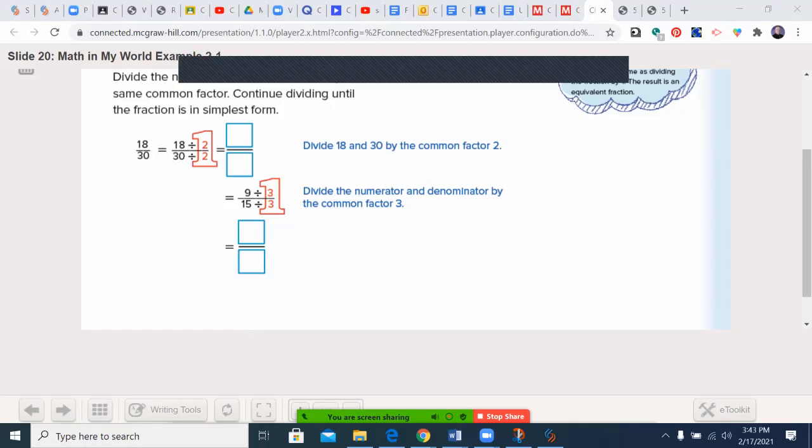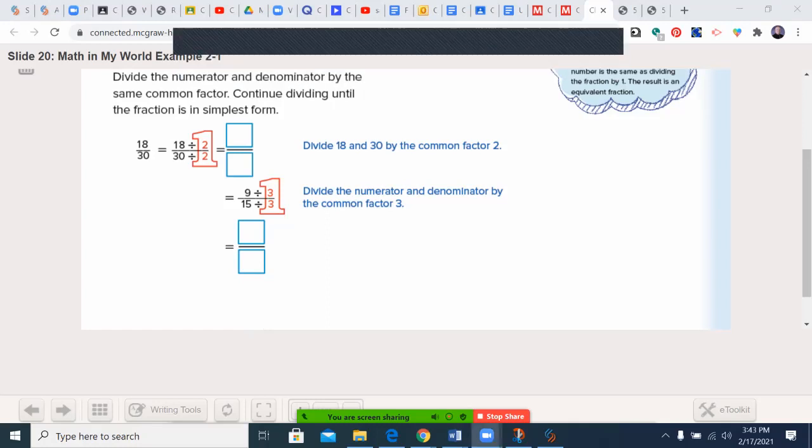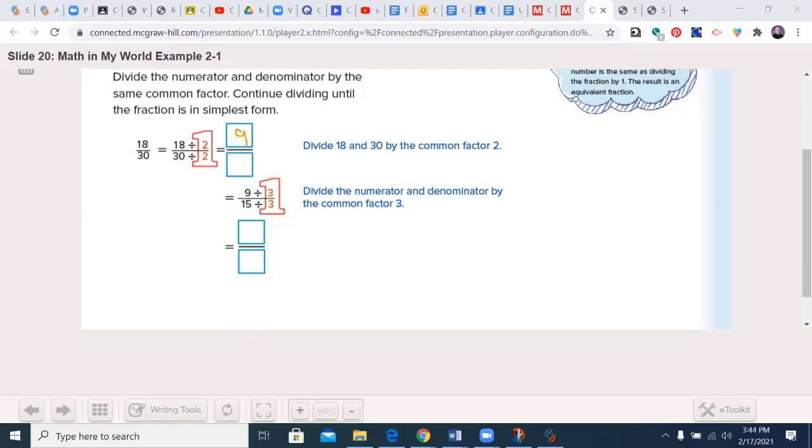This is another strategy where you don't just figure out the greatest common factor. 18 divided by 2 is 9. 30 divided by 2 is 15. But I can't say I'm done because 9 has factors of 1, 3, 9, and 15 has factors of 1, 3, 5, and 15.